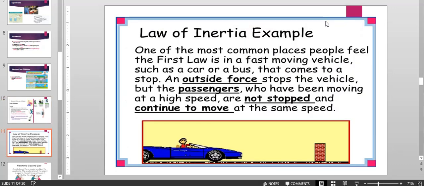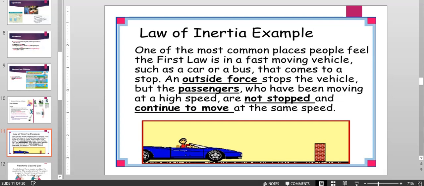One of the most common examples from our daily life is whenever you are sitting in a car and driving at a very high speed. There you experience Newton's first law of motion. When you apply the brake, your car stops.